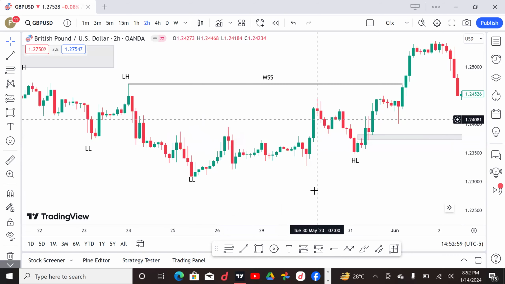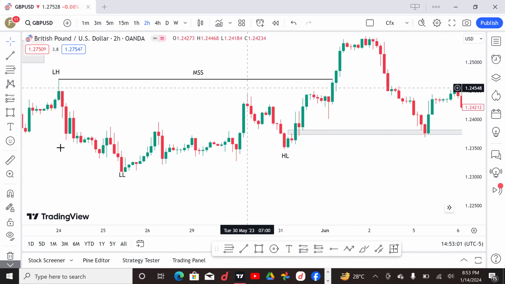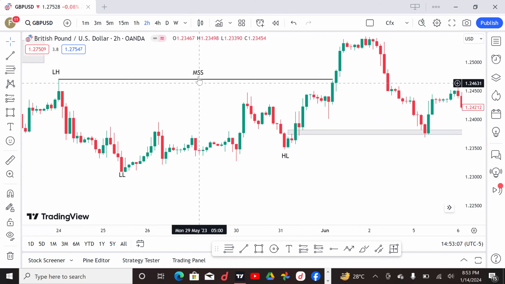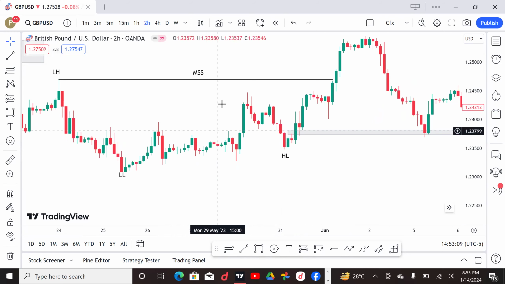So I don't want to use any of this as a confluence until I see my lower high get broken. Then we have the shift in market structure, that is change of character. Just remember, in smart money it is called CHoCH, change of character.